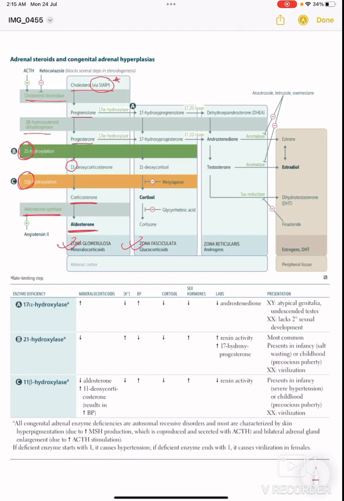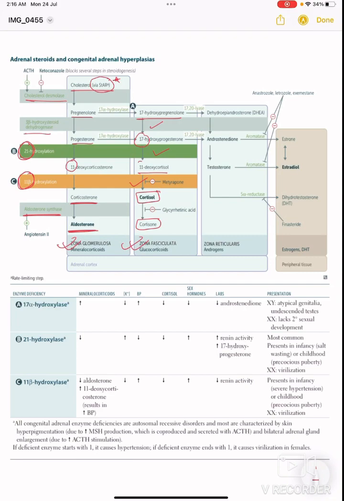Now in the zona fasciculata, the same thing will happen. 17 hydroxypregnenolone, then 3 beta hydroxysteroid dehydrogenase will come to form this particular molecule, then 21 hydroxylase will come to form 11 deoxycortisol, and then 11 hydroxylation or 11 beta hydroxylase will come to form cortisol. So these things are important, and lastly cortisone will be formed, right?